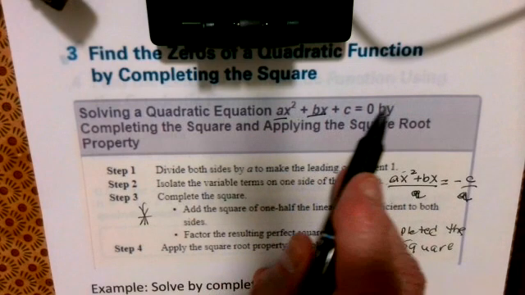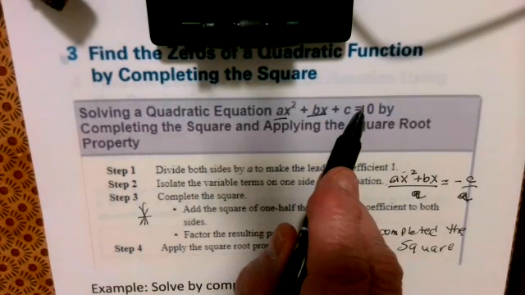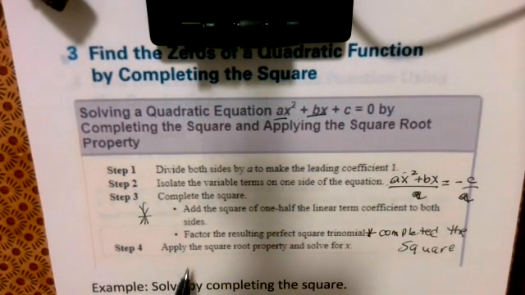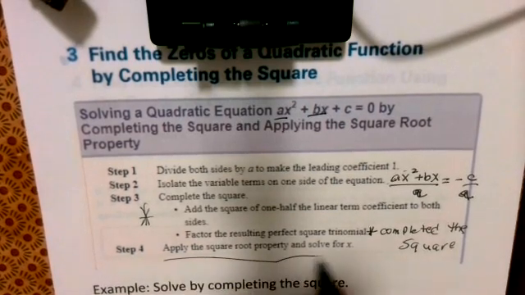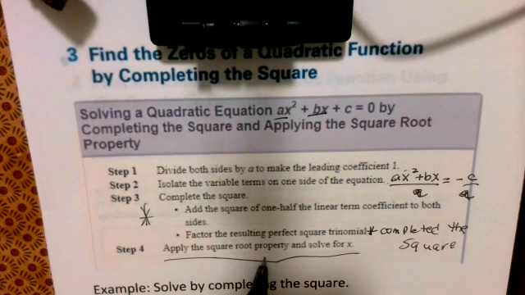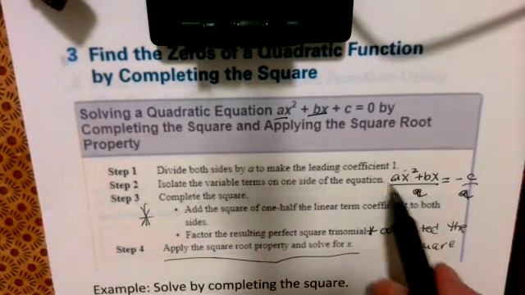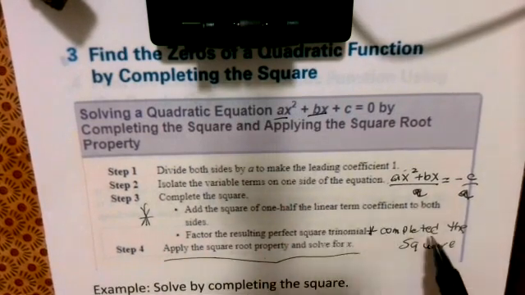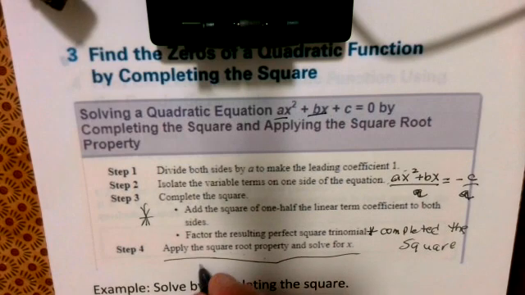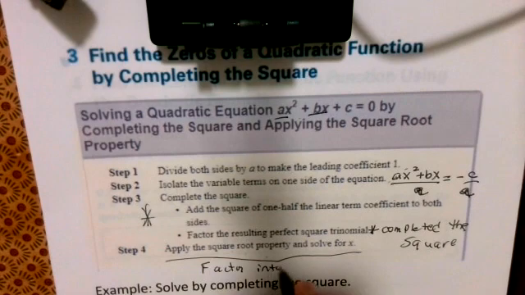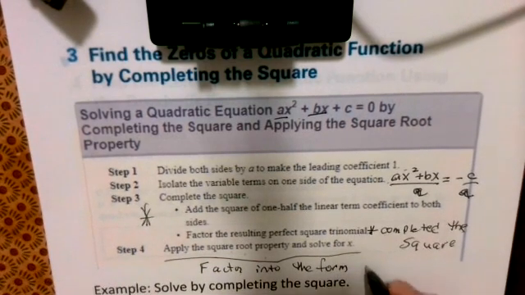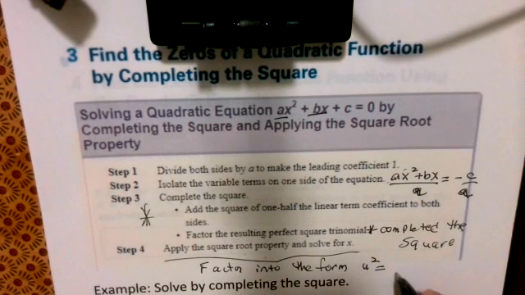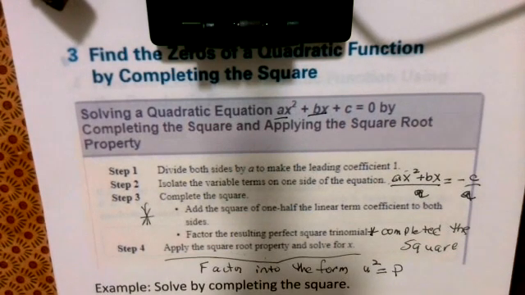And then you have to also add to the other side. So then we apply the square root property and solve for x. We have to use the square root property here, but we're getting this into a form where it factors into the form u squared equals p, whatever.